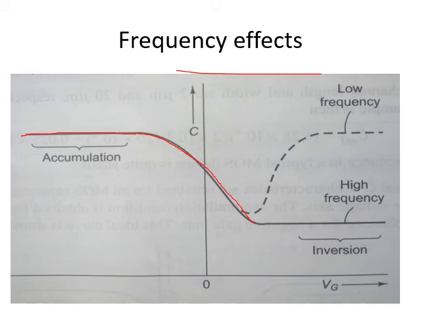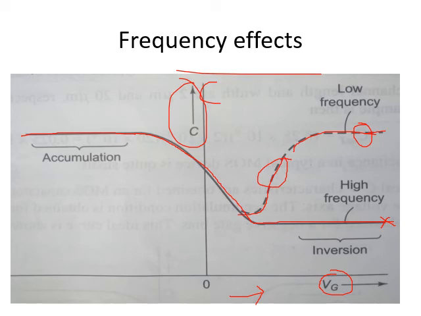After depletion, for inversion, if we give a high frequency signal, the capacitance will not rise. If we give a low frequency signal, the capacitance will rise. In between, we get moderate inversion here and strong inversion here. The x-axis is the change in gate voltage, VG, and the y-axis is the change in capacitance. So this graph is the capacitance versus voltage graph.